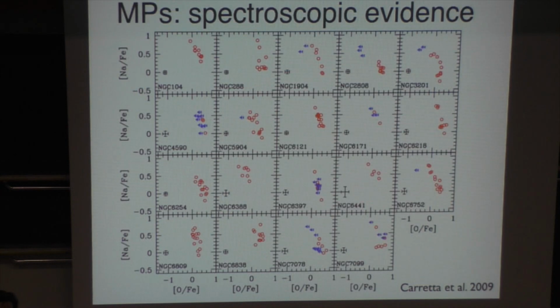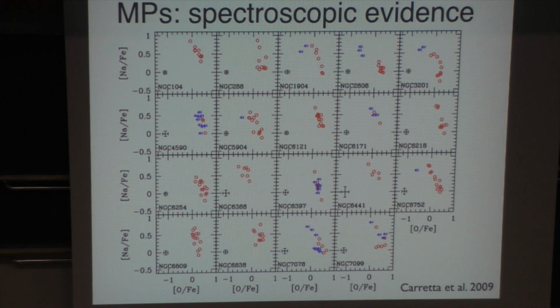There's also spectroscopic evidence of multiple populations. This actually goes back long before the color magnitude diagrams were first published, going back to the 70s and 80s. People already knew that some of the light elements were behaving strangely in globular clusters, and this is from the large study by Carretta et al., where each panel here is one globular cluster, and you see measurements of sodium versus oxygen normalized to iron.